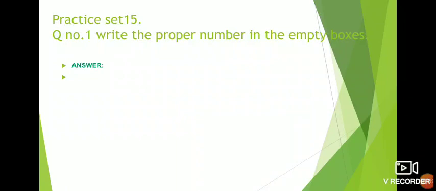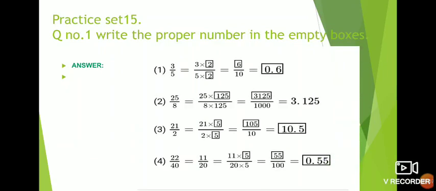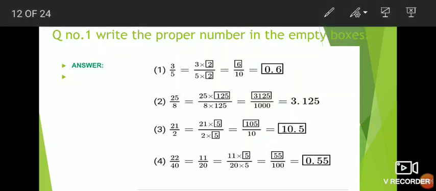Write the proper number in the empty boxes, they told. Say question is given here, we have to write the correct answers. Okay, now here 3 upon 5 is there, and here at the denominator they given 10, students. So for 5 we have to do the multiplication of such a number that the denominator will come 10.